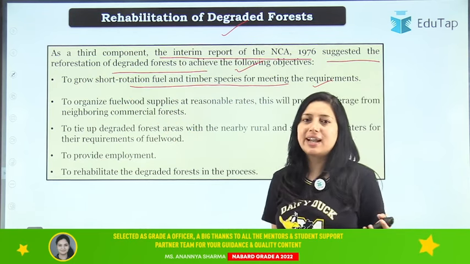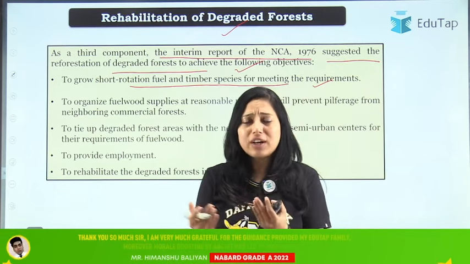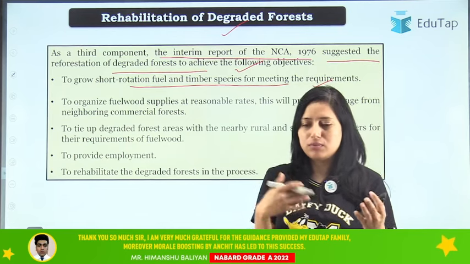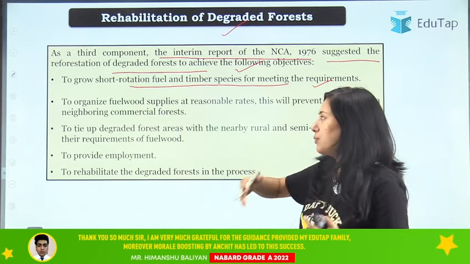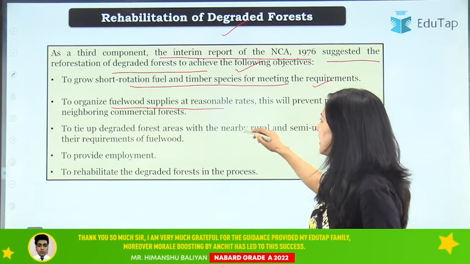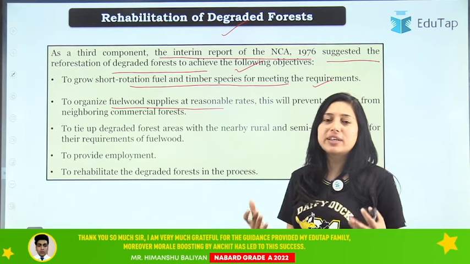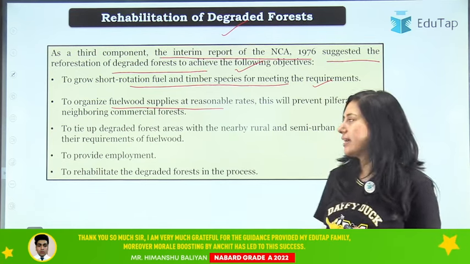If we have degraded land that is of no use, we can grow short lifespan trees which can be used for fodder or timber, for the purpose of fuel or timber. Then, to organize fuel wood supplies at a reasonable rate. This fuel wood can be supplied to people at a reasonable rate by using these degraded lands, right?